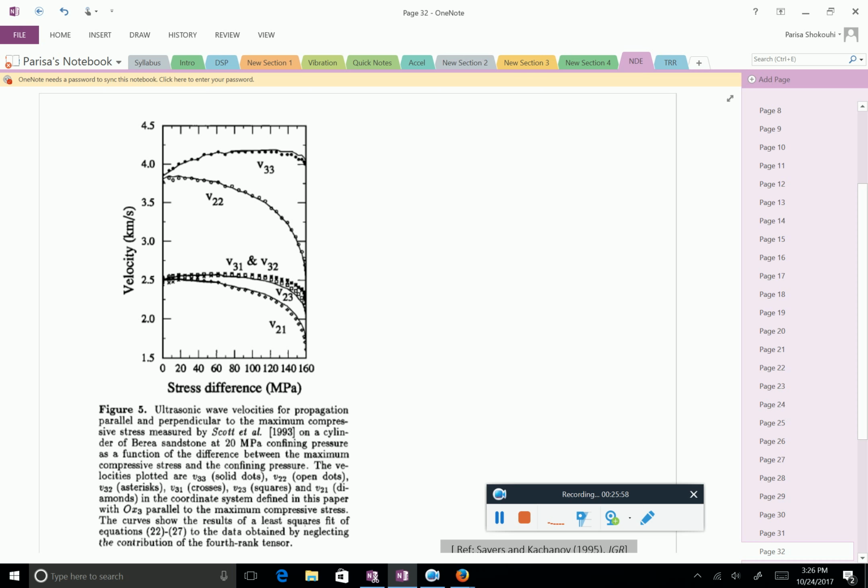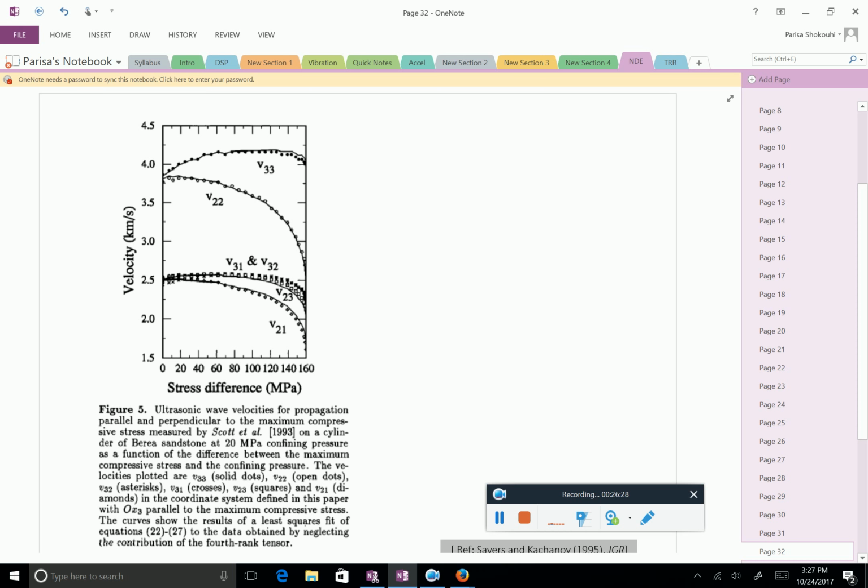Here, if you just look at the very, very beginning, you can still say that in the very beginning, acoustoelasticity is the major mechanism for what is happening here. And here the load is along axis number 3. So V33 is increasing very sharply in the beginning.